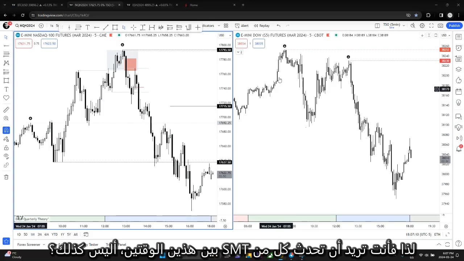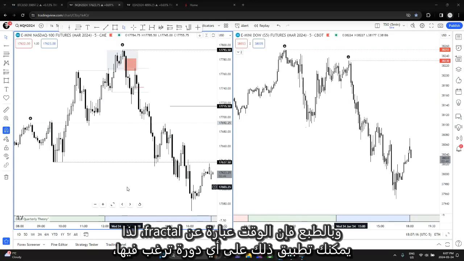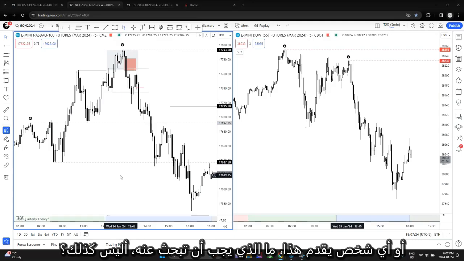So you want SMT to be occurring between these two times, right? And of course, time is fractal, so you can apply this to any cycle that you wish to, or any that presents this, that you should be looking for, right?